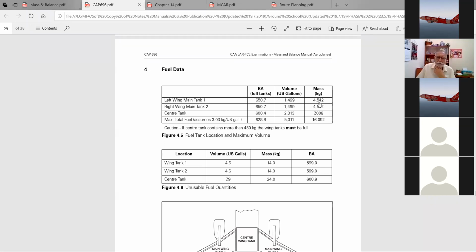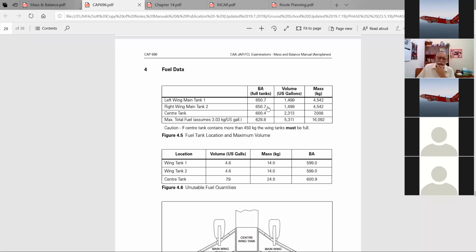And you have a mass, the maximum fuel mass. Fuel in the left tank is 4524 kg. Right wing tank, it is 4542 kg. Center tank, 7008 kg. And total fuel, 16,092.